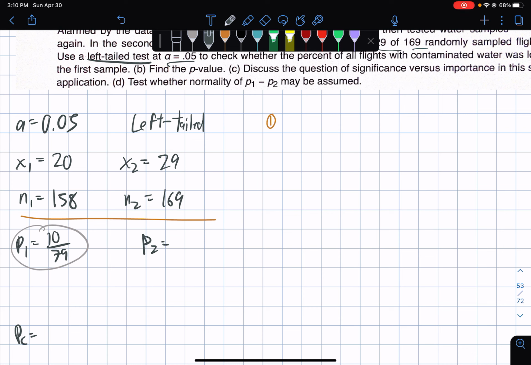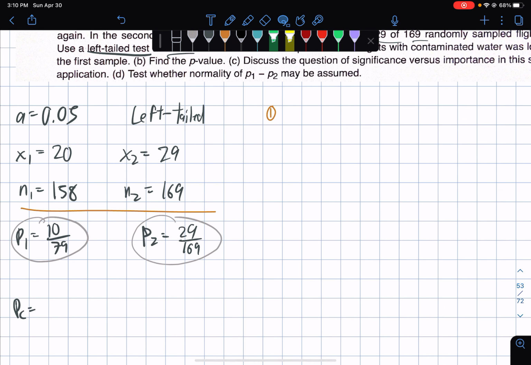That is still the same, 29 over 169. I'm not writing the decimal because it's harder to write and way longer. So for PC, 20 plus 29 over 158 plus 169. This is 49 over 327.